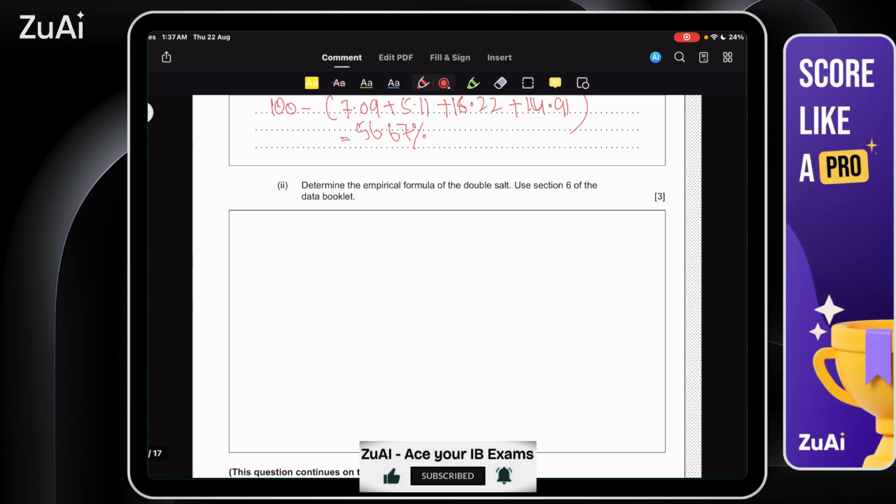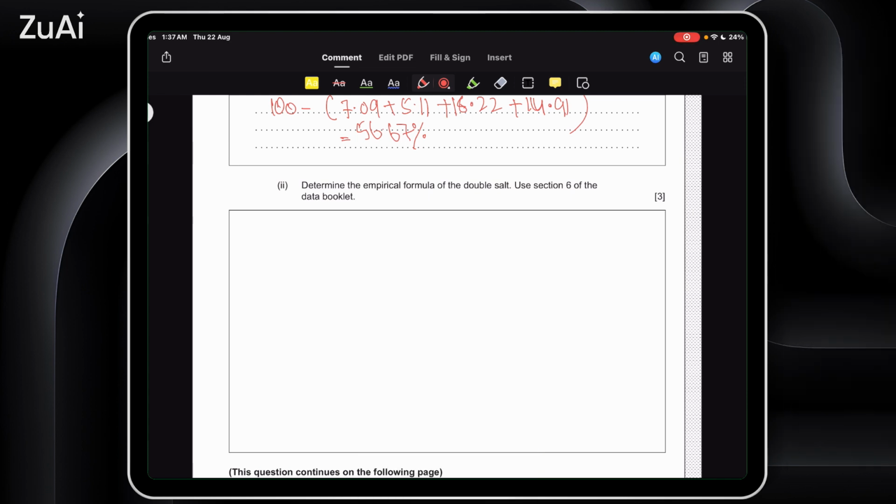Determine the empirical formula of the double salt. So the empirical formula is very easy, like mass divided by Ar. For nitrogen, 7.09 divided by 14.01, about 0.506. For hydrogen, moles 5.11 divided by 1.01.